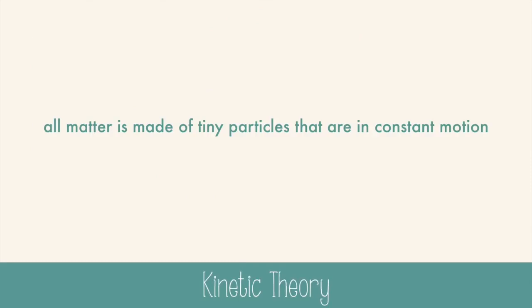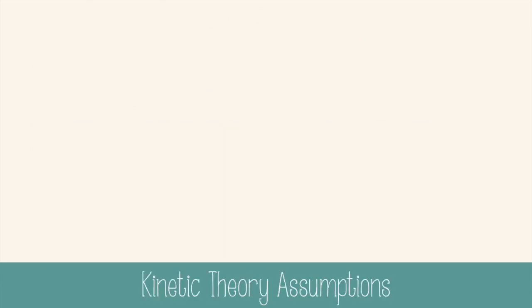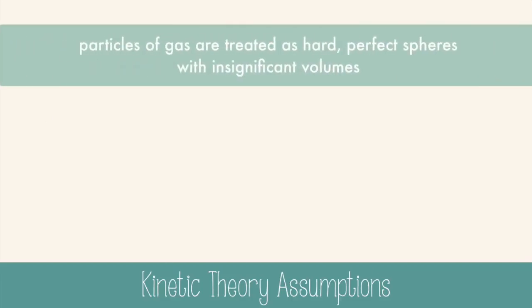According to kinetic theory, all matter is made of tiny particles that are in constant motion, even solids and liquids, but gases move the most. It's simple enough, but there are some assumptions that are made. With gases and the kinetic theory, these few assumptions need to be understood. First, the particles of a gas are treated as hard, perfect spheres with insignificant volumes.